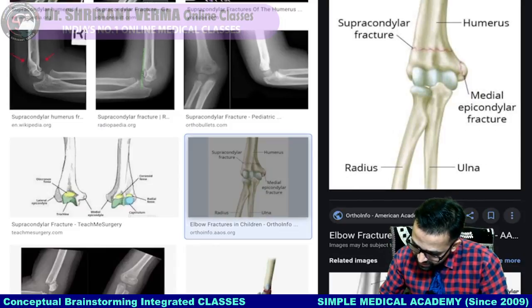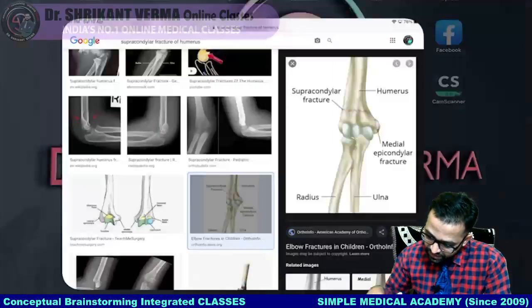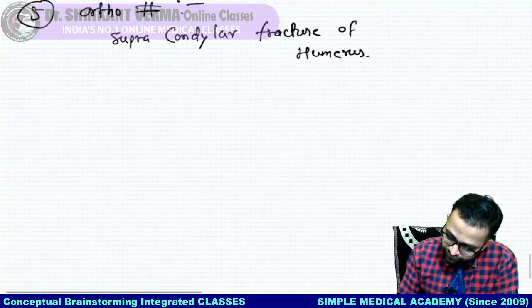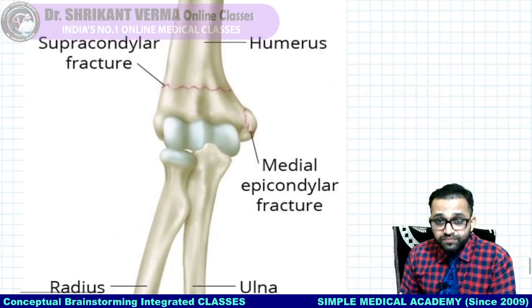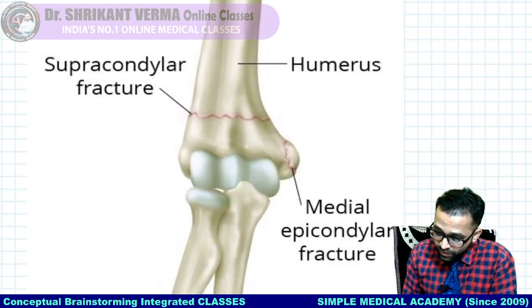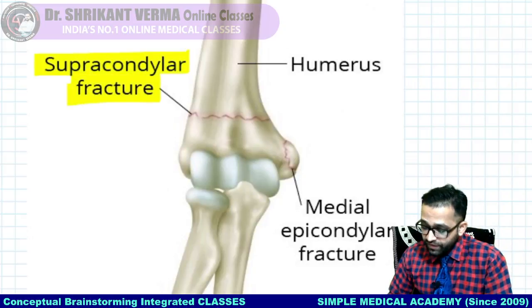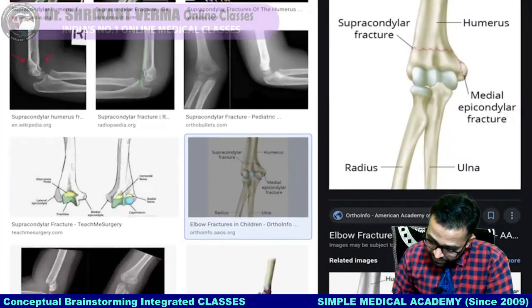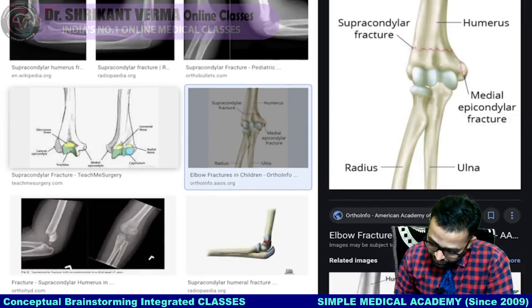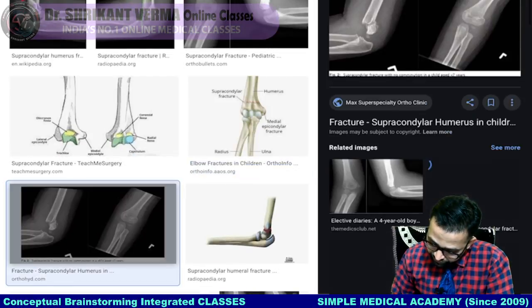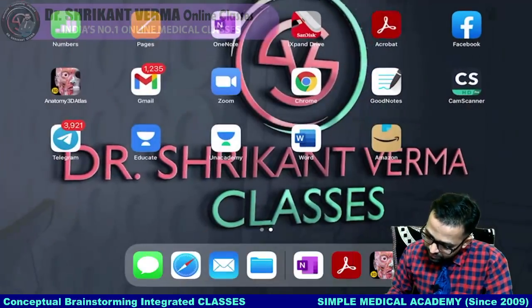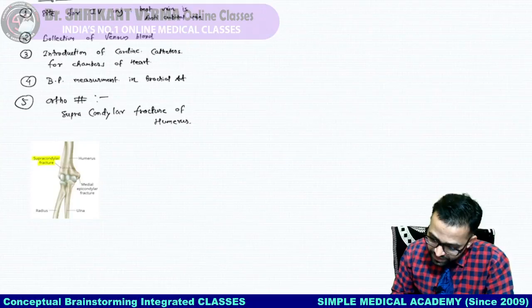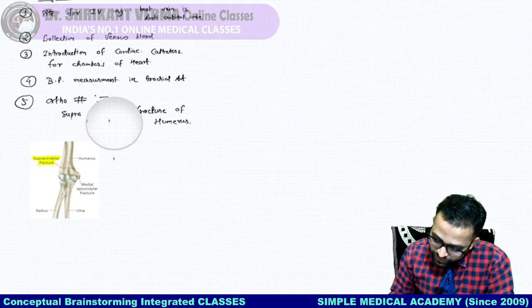Just one diagrammatic presentation. You can see this easy image, and then integrating with the radiology. So can you see, here is our supracondylar fracture. Fine. And the x-ray also you can observe. So many kinds of x-ray ortho presentation you can observe.